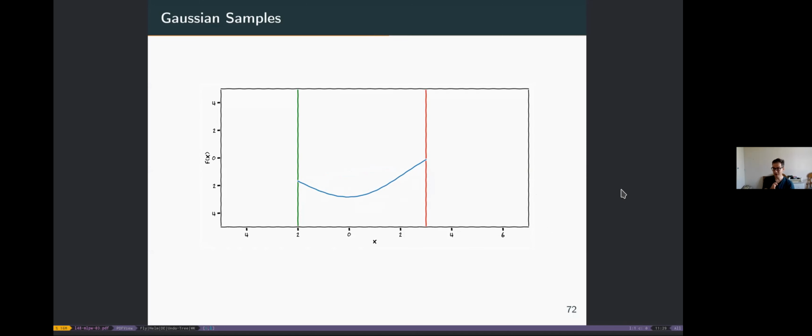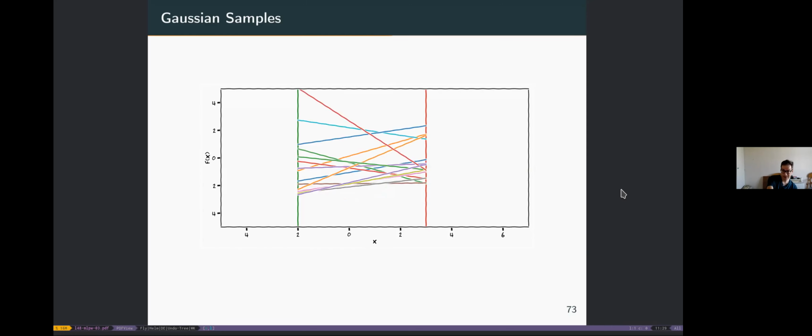Now this here is picking out 17 slices, drawing a sample from a 17-dimensional Gaussian, and then plotting lines between them. And now that looks like an awfully nice curve. Just to show this again, I can take 10 of these.